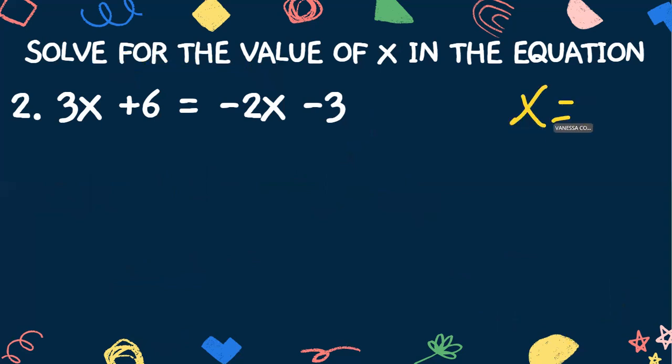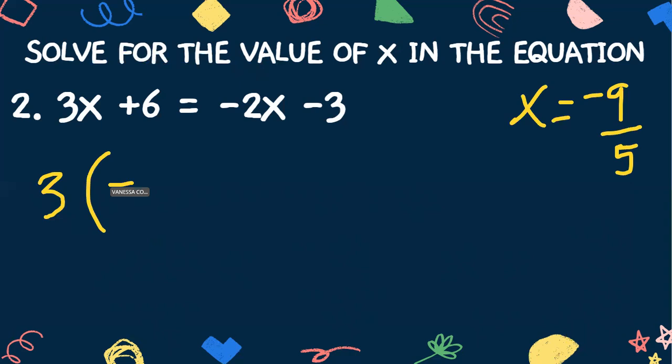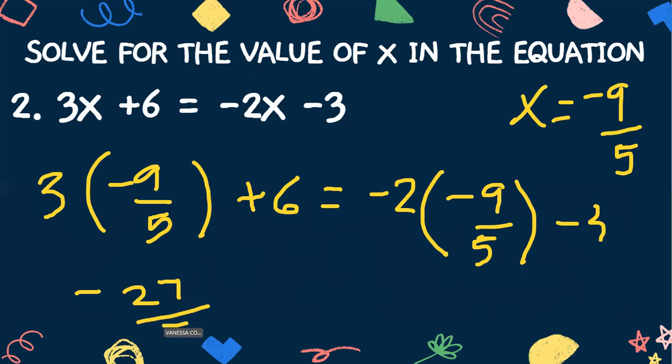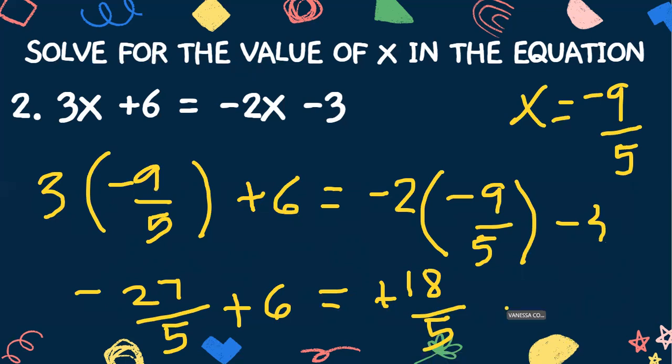Alright, so the value of x is negative 9 over 5 plus 6 is equal to negative 2 times negative 9 over 5 minus 3. So, multiply po natin. Negative 27 over 5 plus 6 is equals to positive 18 over 5 minus 3.